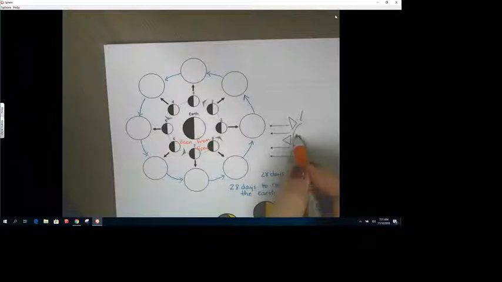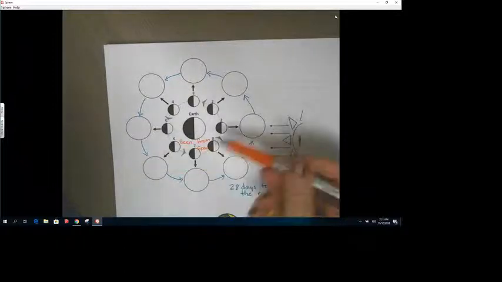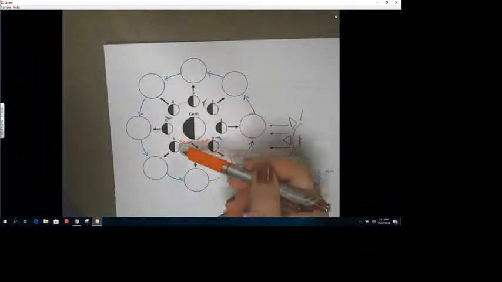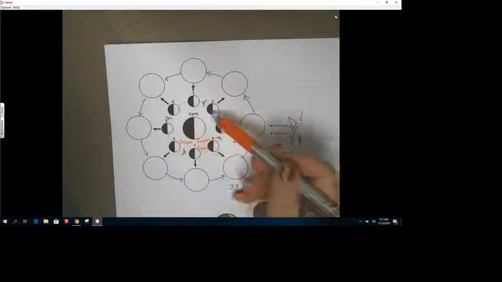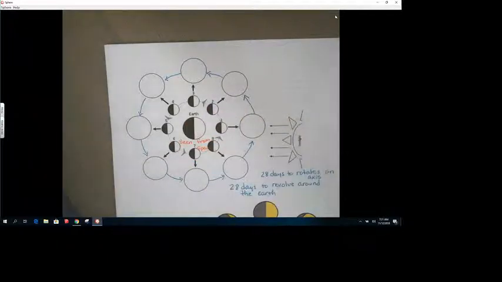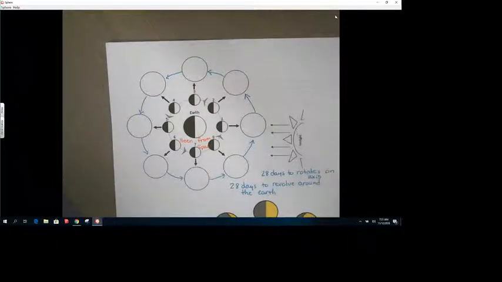Here's our sun over here. It's shining its light this way, so this half of the moon is always lit in space, and this half will be dark because it doesn't receive any of the light in order to reflect it. Remember that the moon is our only natural satellite, and that it does not have its own light source, that the moon actually reflects the light of the sun down to us.